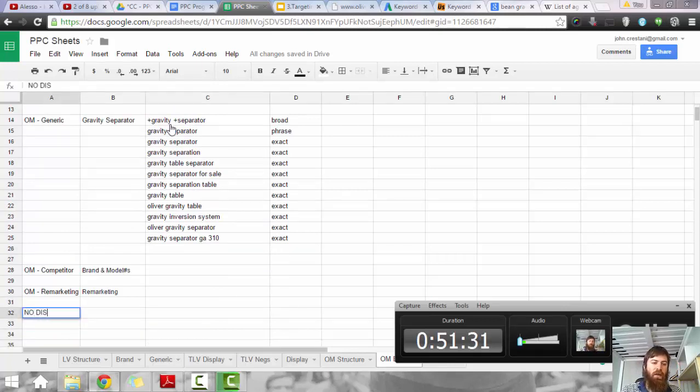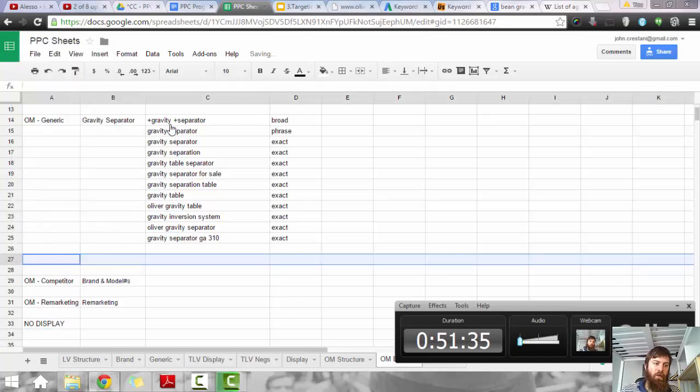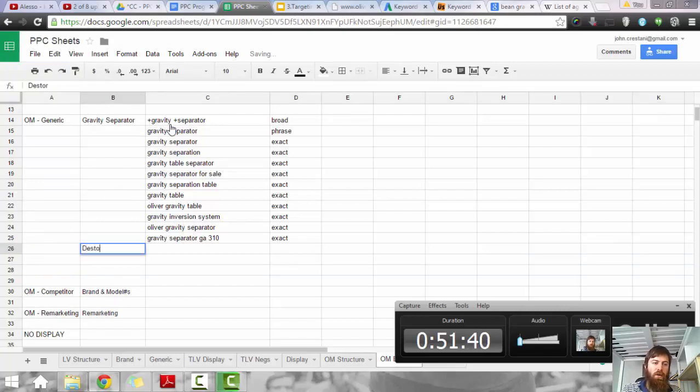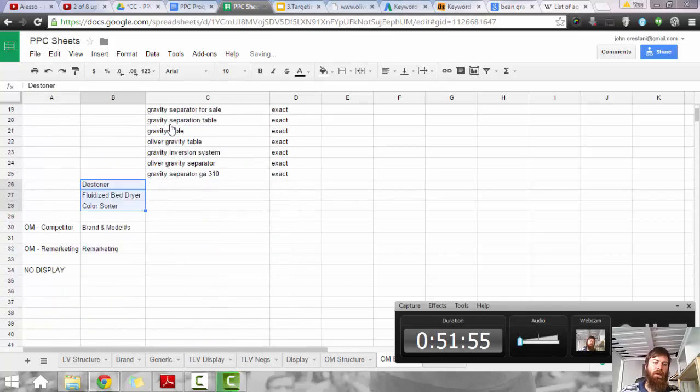I'll just say no display, and just to drive home the other ad groups that I would create here, I would do destoner, fluidized bed dryer, and color sorter. And that would be it. And then I just build out these ad groups, same way I did with these.